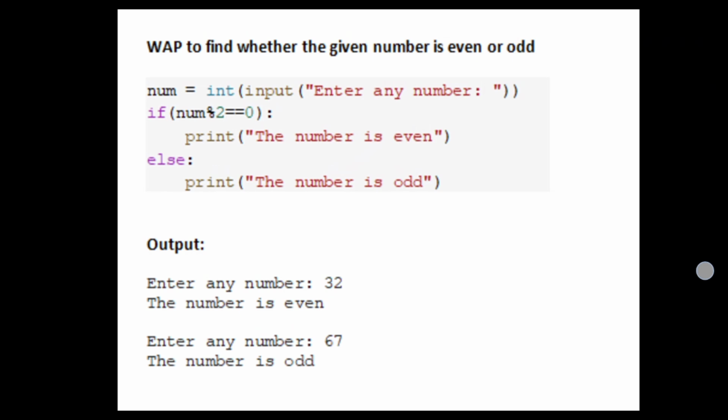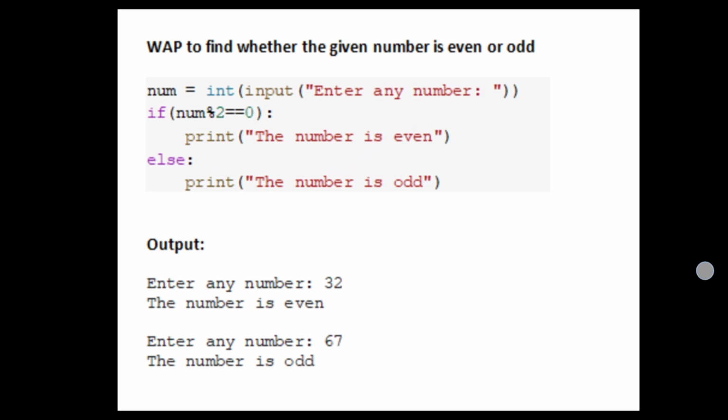Now in this code, you see the two print statements under the if block and else block. "The number is even" and "The number is odd" can be under single quotes also.